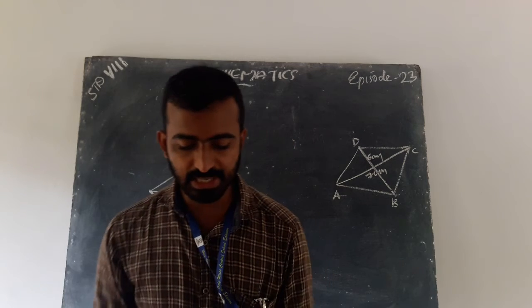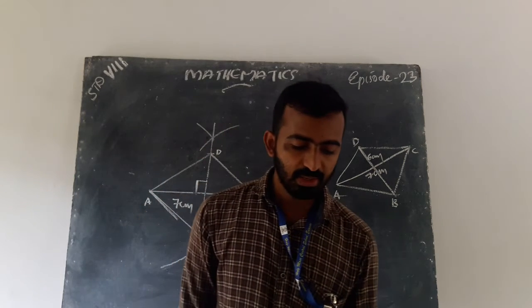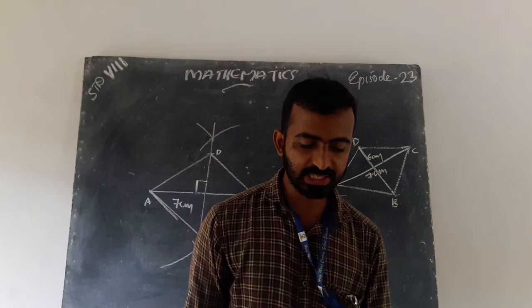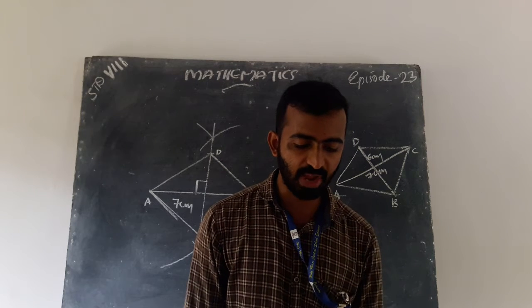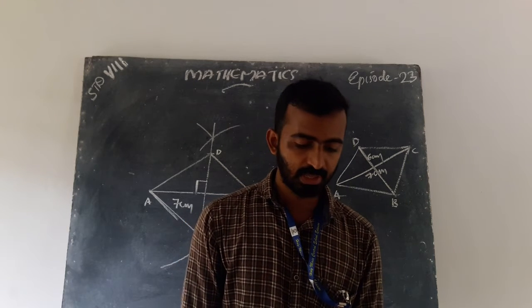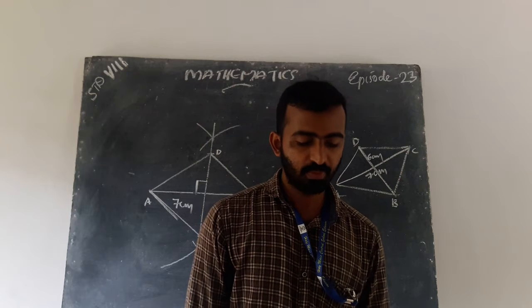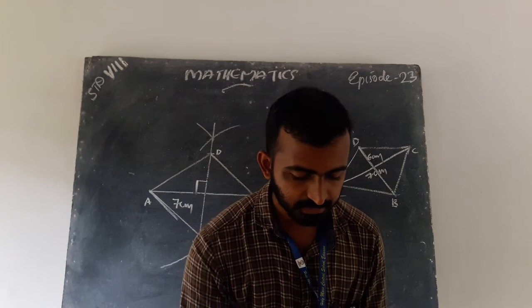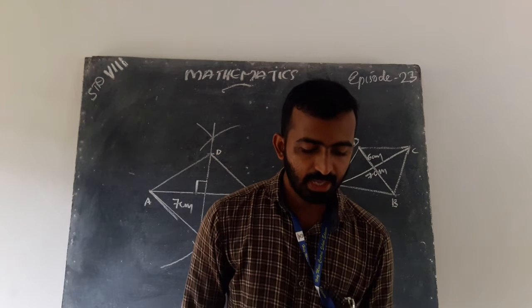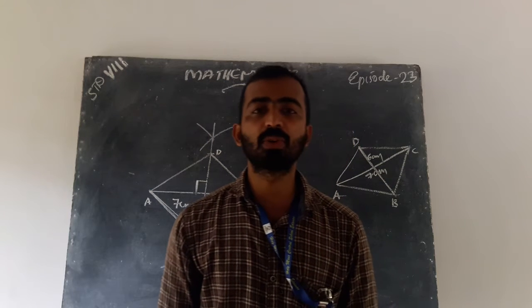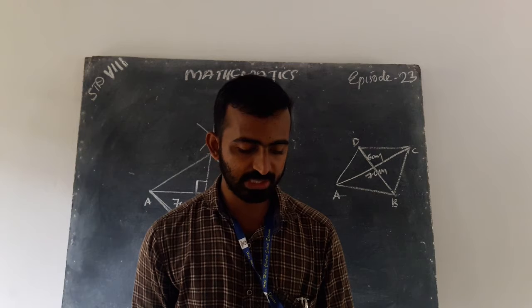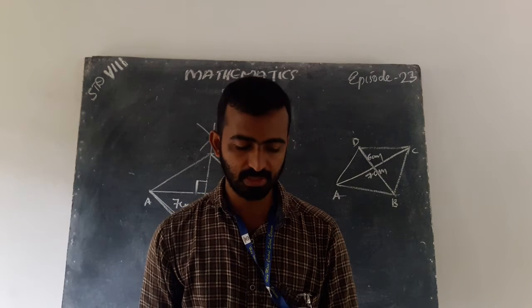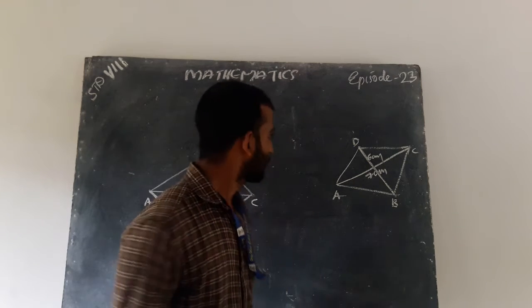And here is your exercise 4.5. The first question is: draw the square with R equal to 5.1 centimeter. Draw the following in our exercise 4.5.